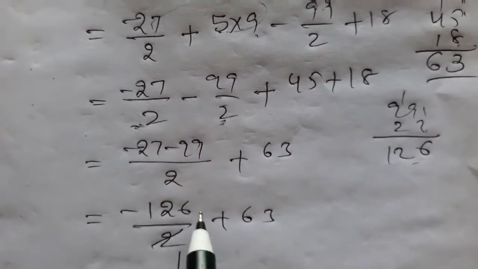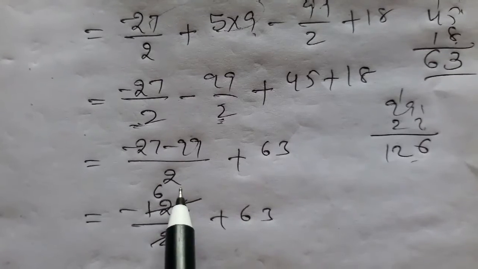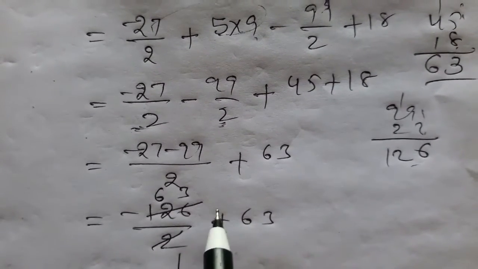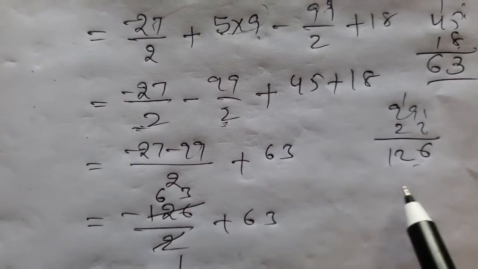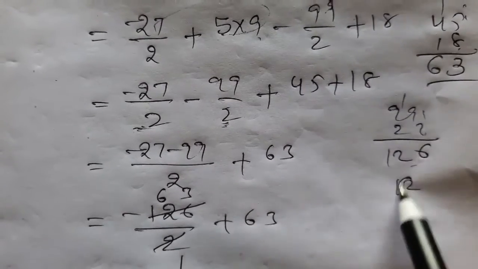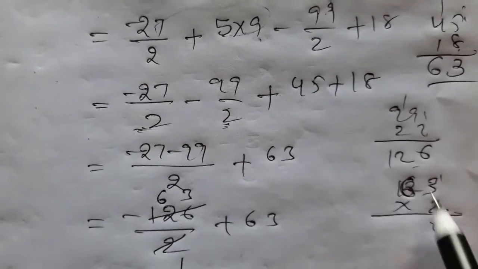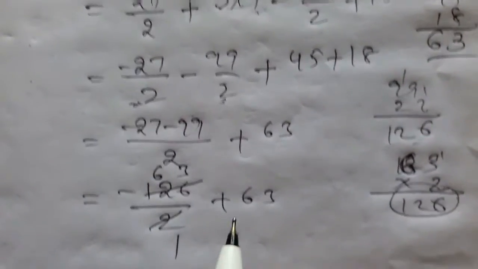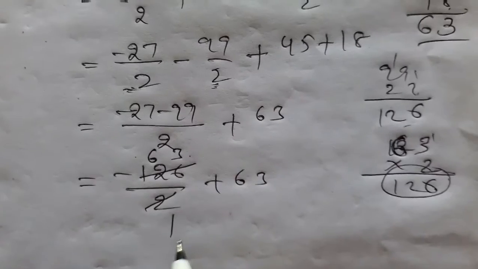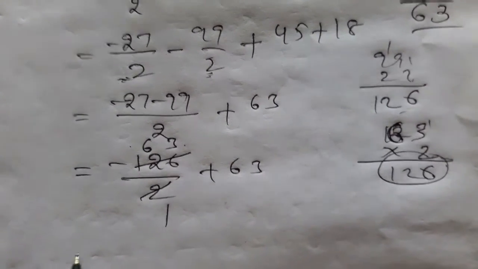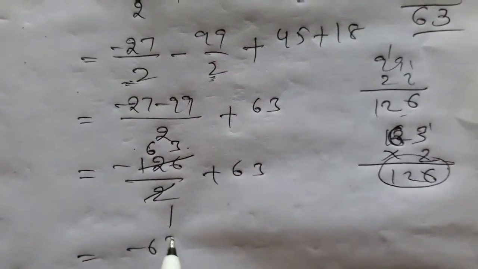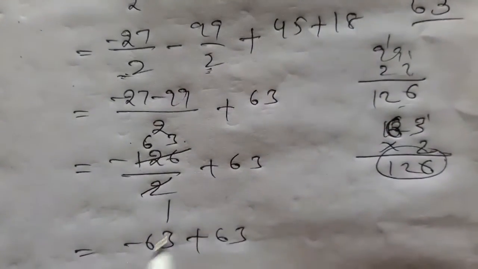See here, 2 ones are 2, 2 6s are 12, 2 3s are 6. See here, 63 into 2, 2 3s are 6, 2 6s are 12, 126. Yes, got the right answer. Now what we got here, that means this is minus 63 plus 63.